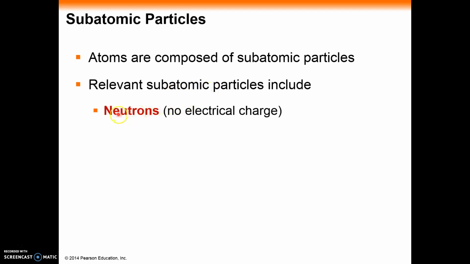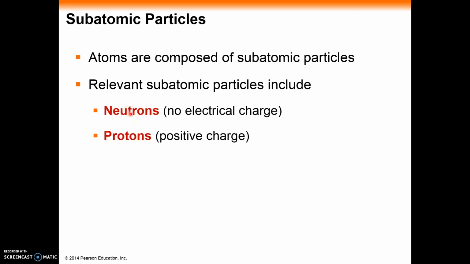One is something called a neutron. Neutrons, as the base of the word neutral would indicate, have no electrical charge. It is a big subatomic particle, so it has mass, but it has no charge.